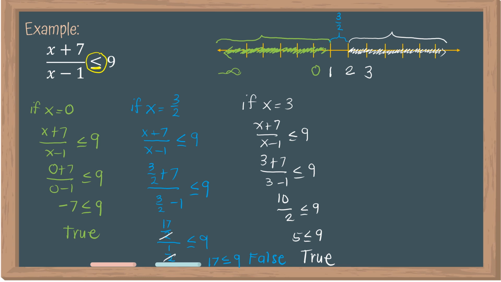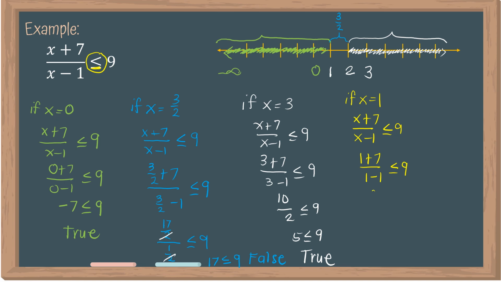So, for our first critical value, we have x equal to positive 1. So, we have (x + 7)/(x - 1) ≤ 9. So, substitute natin yung 1. We have (1 + 7)/(1 - 1) ≤ 9.